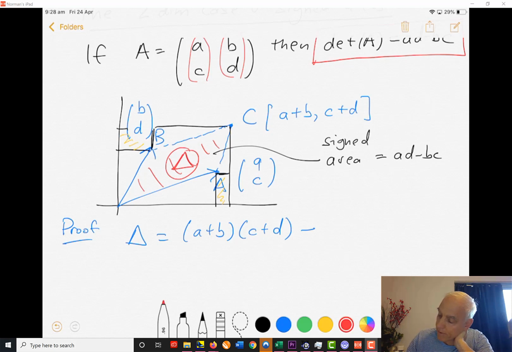How about this one here? What's the area of this little rectangle? Well, the base, because we're going from an x coordinate of A to A plus B, it's going to be B. And the height is just C, so that's BC.